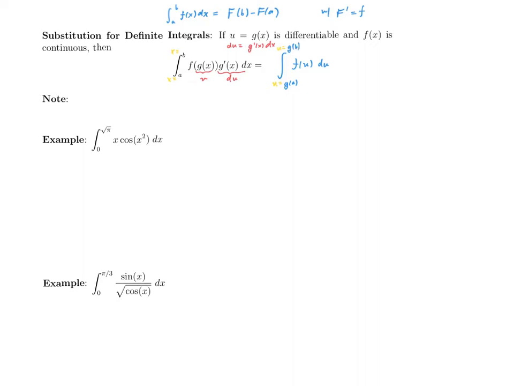And the idea is that we now have an equivalent definite integral that's going to be simpler and easier for us to evaluate. And it's worth noting that the reason we go through the process of changing these limits of integration is really twofold. One, it allows us to have a mathematically correct statement, which is important.